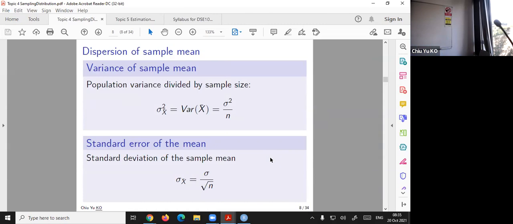The variance of one observation is the same as the population variance, but with the sample mean the variation gets smaller, so you get a better, more accurate estimate of the population mean, as we will do today. Sometimes the standard deviation of this is called the standard error.